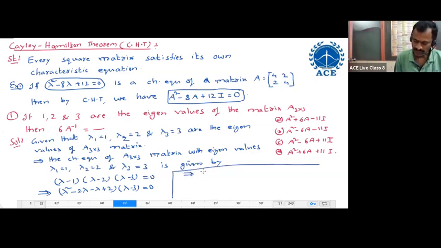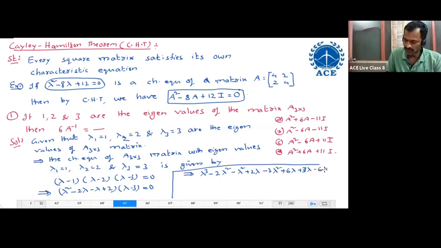Which implies lambda cube minus 2 lambda square minus lambda square plus 2 lambda minus 3 lambda square minus 2 lambda plus 6 lambda plus 3 lambda minus 6 equal to 0.